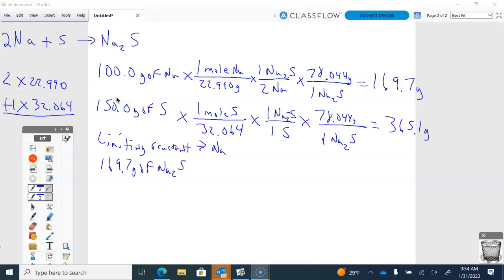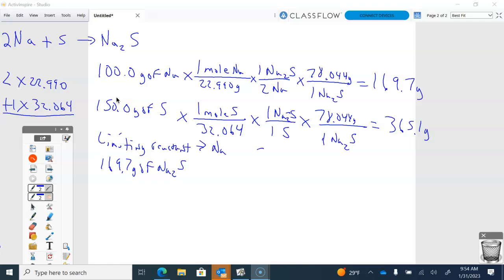How much of the remaining reactant would be left over? How much sulfur would I have? Well, I started with 250 grams of stuff, didn't I?